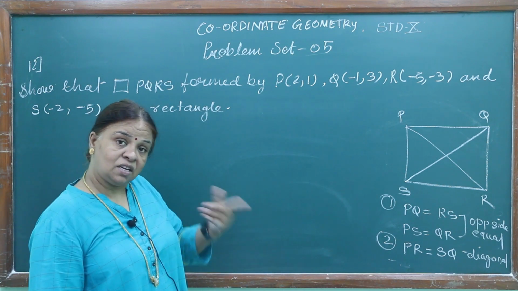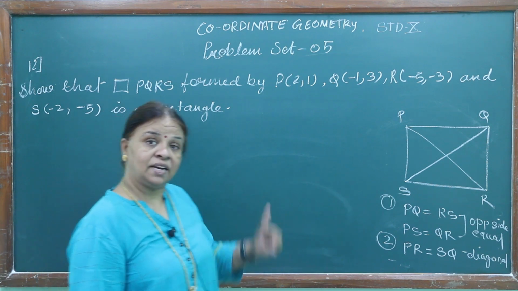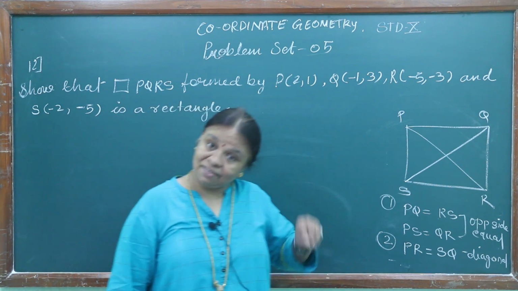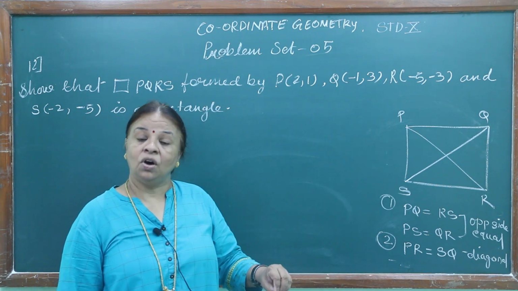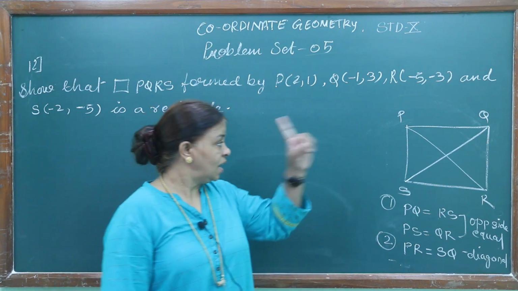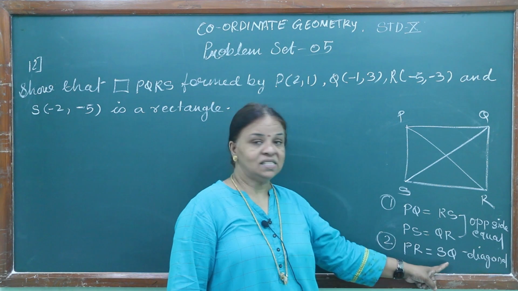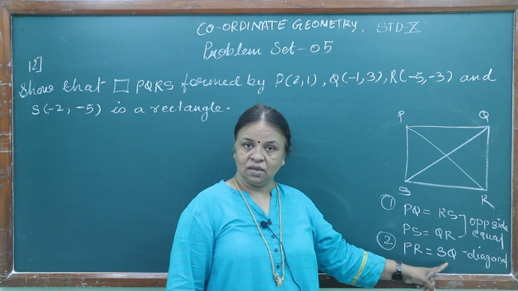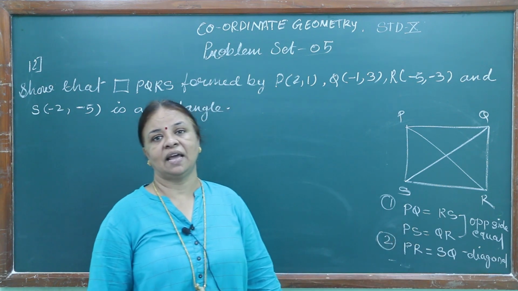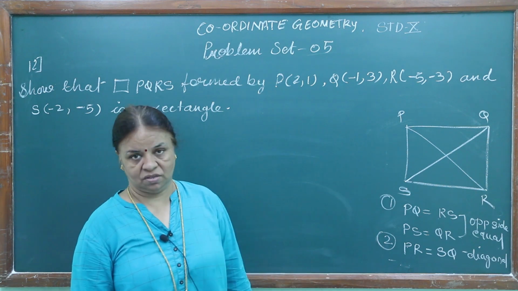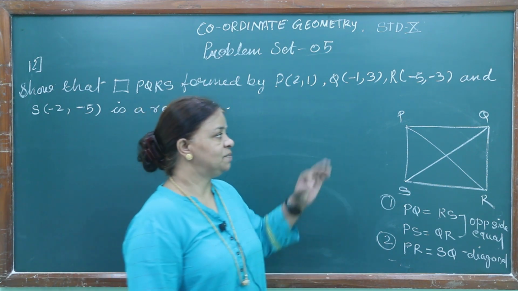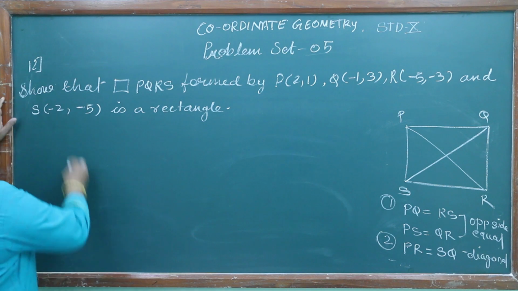Now what is another property to be confirmed that it is a rectangle? With respect to the length, the other property is diagonal. So if the length of the diagonals are equal, that means it is a rectangle. Second confirmation.